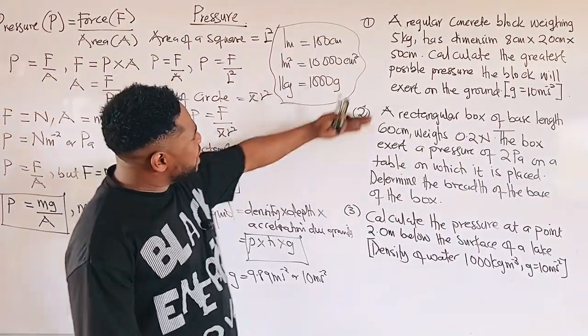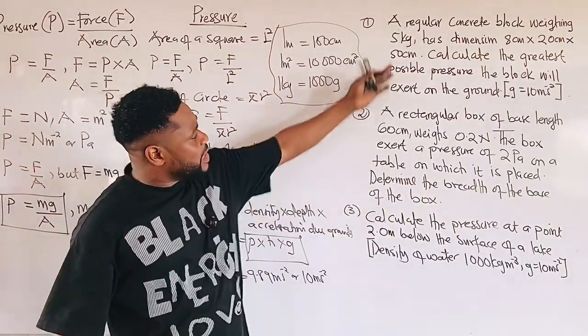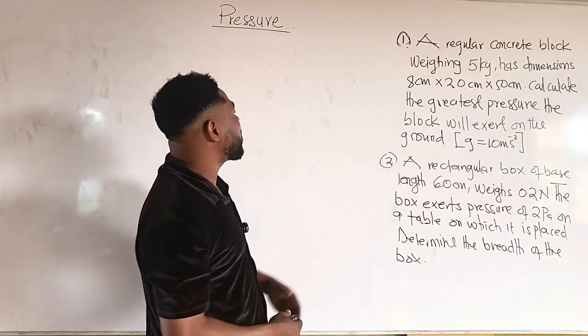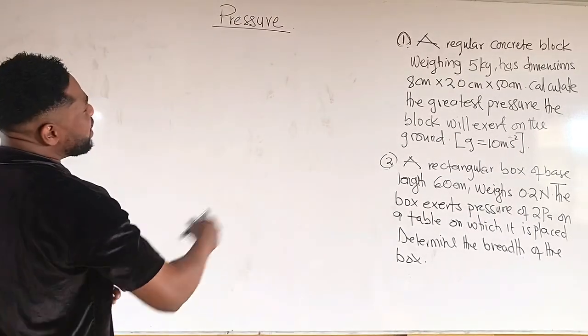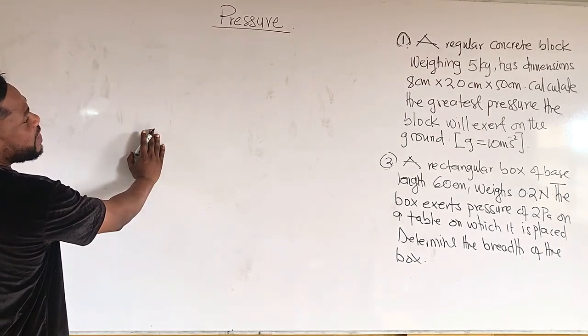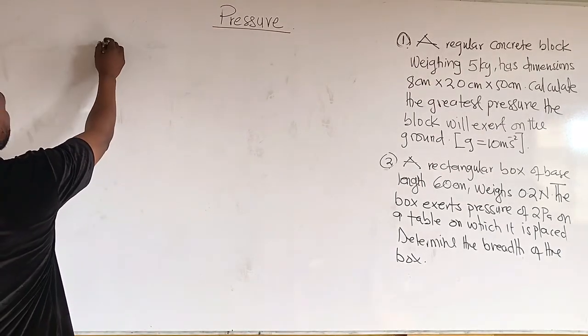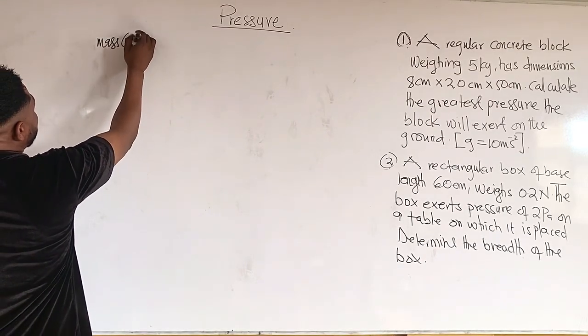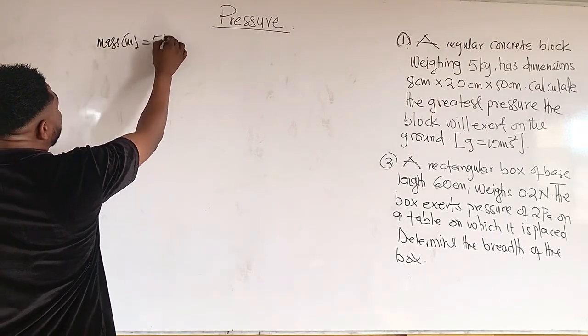All right, let's see how we can apply these formulas to solve these questions on the board. Let us look at question number 1. We have been told that a regular concrete block weighing 5 kilograms. So we put our data down. The mass is given to us, which is 5 kg.